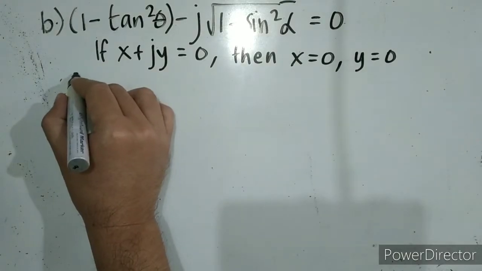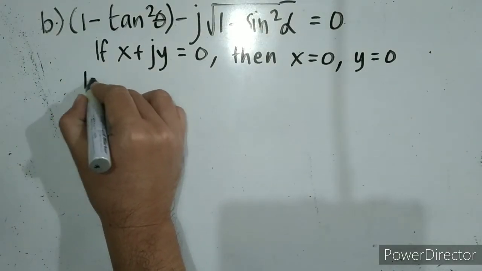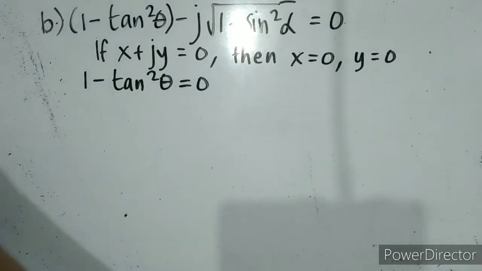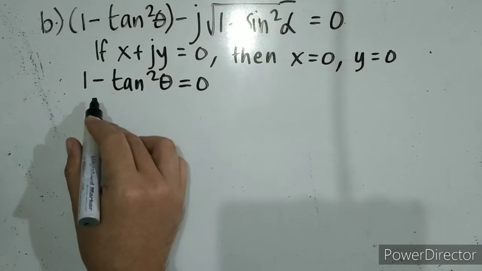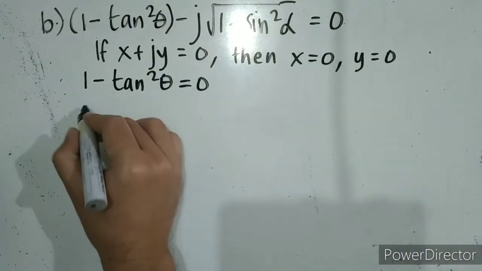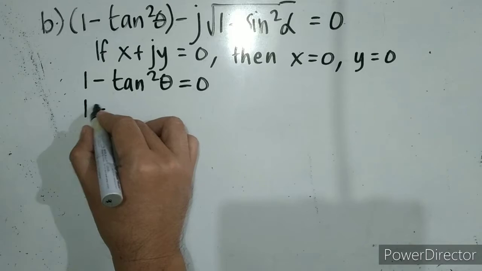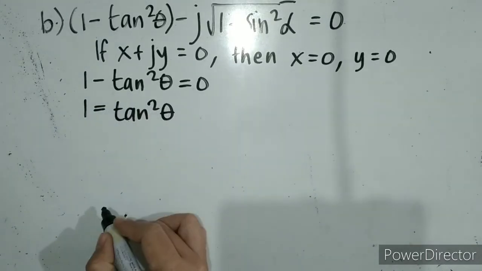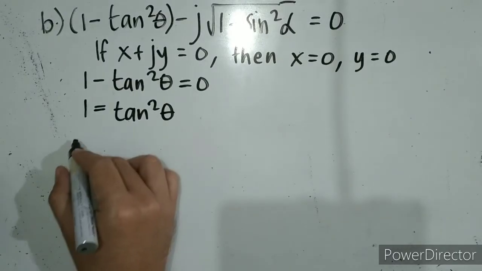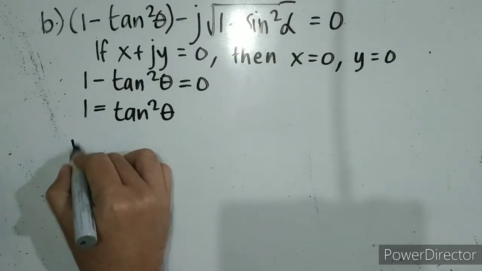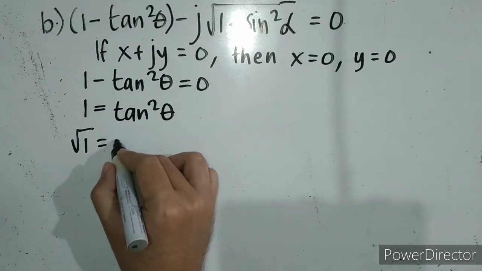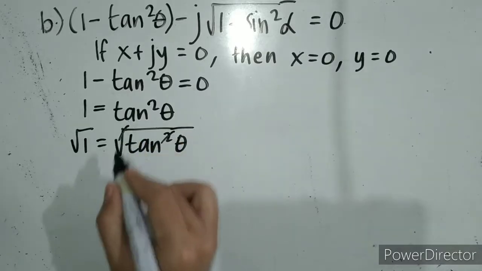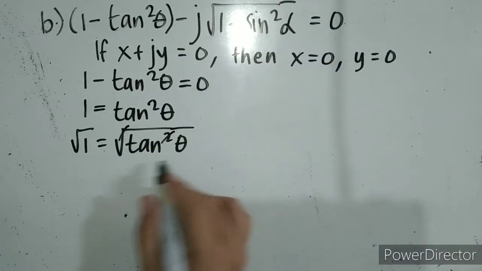So we equate the real part and the imaginary part to 0. 1 minus tangent squared theta is equal to 0. Transposing tangent squared theta to the other side, we have 1 equals tangent squared theta. Taking the square root of both sides, the square root of 1 is 1, and the square root of tangent squared theta is tangent theta.